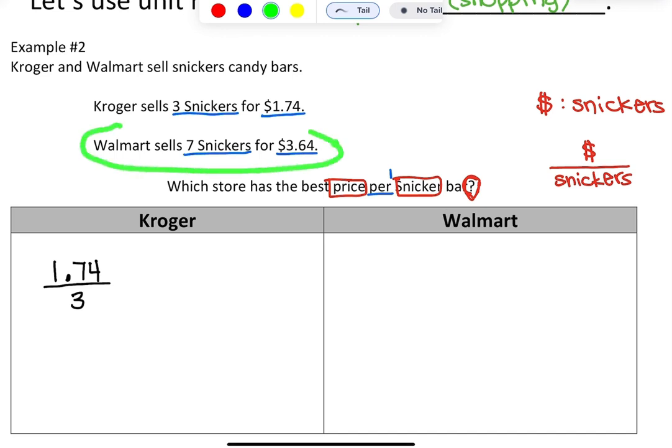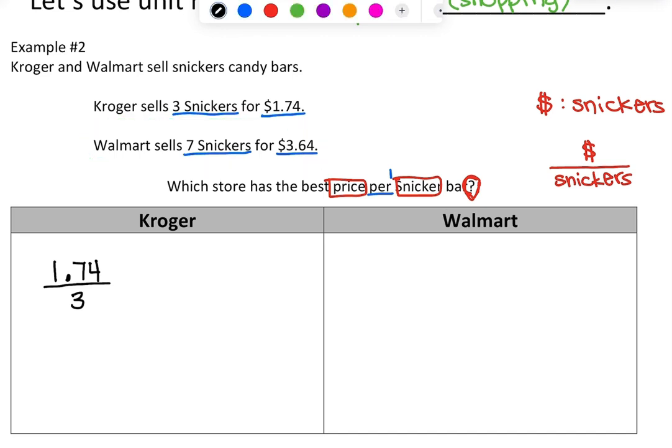So here we have Walmart, and for Walmart, I have $3.64 for 7 Snickers. So obviously, just like we talked about up top, we would need to divide these cowboy and horse to find the price per 1 Snickers. So on this side, my 174 goes inside, my 3 stays out, put up my hat, set my dinner table. All right, let's go ahead and divide.